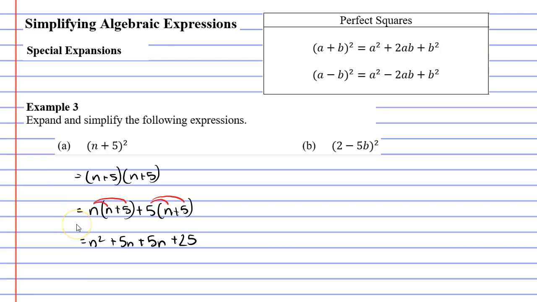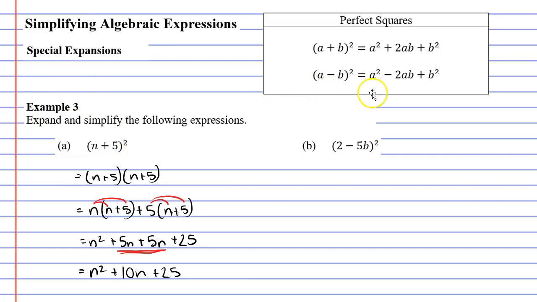Then finally we need to simplify this, and the only things we can really simplify are the middle two terms. When you expand these, you're always going to find that only the middle two terms simplify. So we're going to get n squared plus 10n plus 25, and we've finished expanding and simplifying this expression.